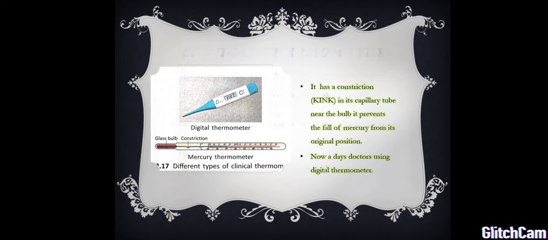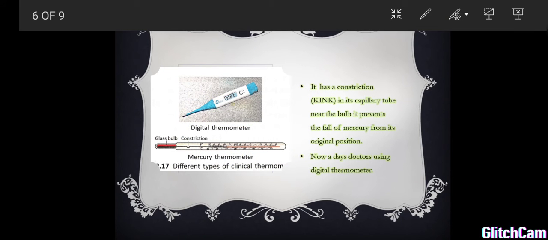Okay, and what is the main difference in this clinical thermometer? A small constriction or kink is present in the capillary tube. What is the purpose? It is a small bend in the capillary tube. The bend prevents the flow of mercury from its original position, because the laboratory thermometer is used in a normal stand, so there is no need to take it outside.